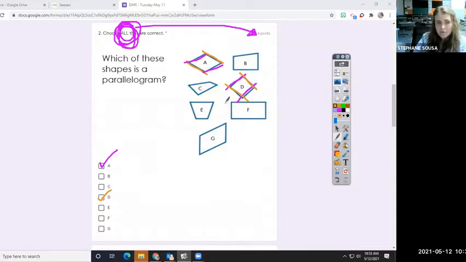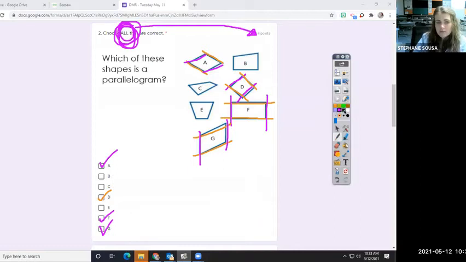On F, we see the top and the bottom of the rectangle are parallel, and the left and the right of the rectangle are parallel. And on G, we see this top and bottom are parallel, and this left and right are parallel. Those are your 4 answers.